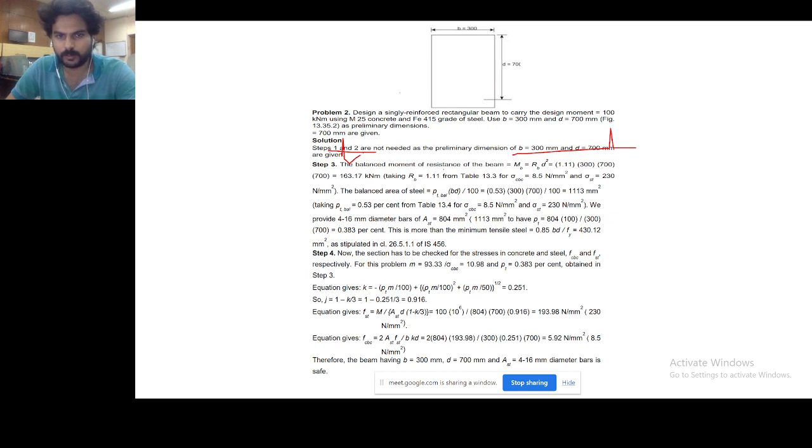Now the balanced moment of resistance of the beam, as I said, is M_B equal to R D square. So this is the R value that you have to see in a table 13.3. In the IS code you have to see, taking R_B 1.11 from table 13.3 with sigma CBC 8.5, because sigma CBC is given as 8.5.